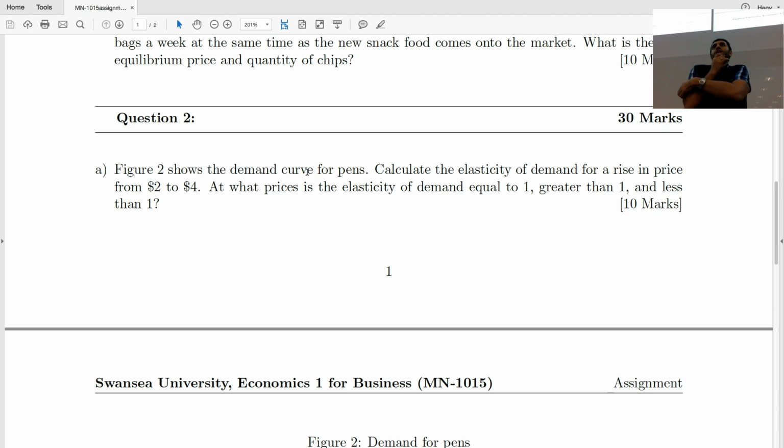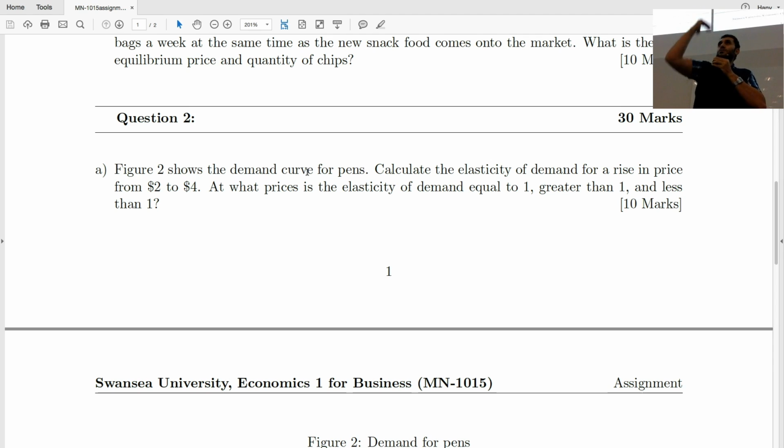If we look at the lecture we did on elasticity, when you have this linear demand curve, this straight line, we looked at three parts on this demand curve.